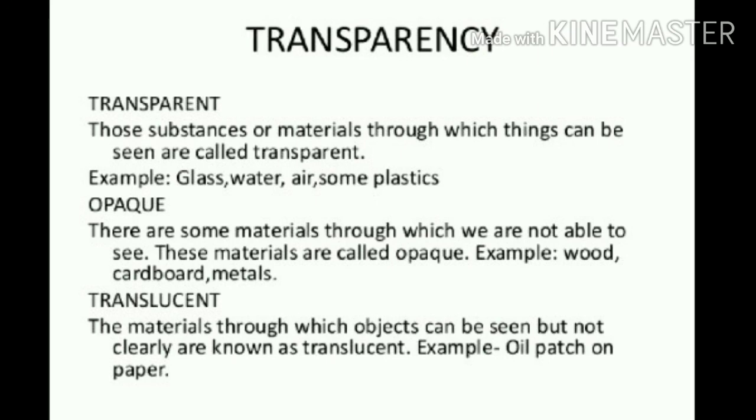And the third one, translucent. The materials through which objects can be seen but not clearly are known as translucent. An example is an oil patch on paper. Suppose oil has fallen on a paper.